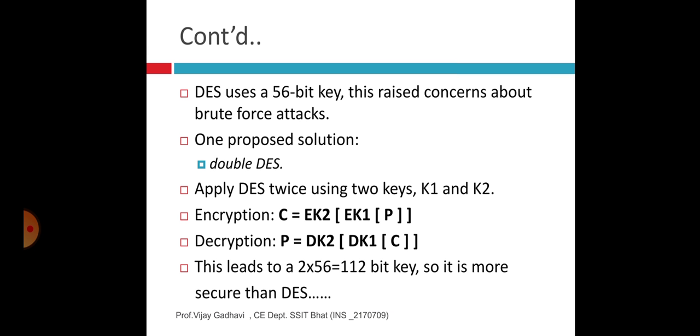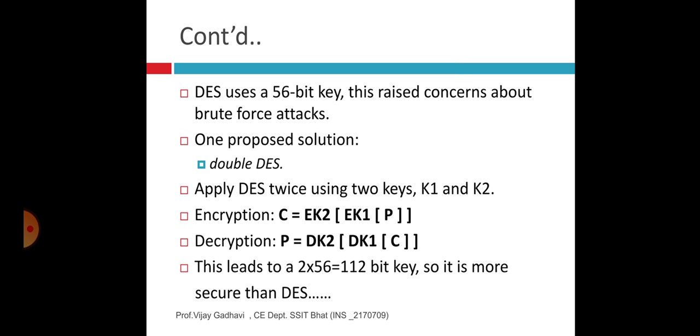DES uses a 56-bit key. This raised concern about brute force attack. One proposed solution is double DES. To defend against brute force attack, we can use double DES, which applies DES twice using two keys, K1 and K2.